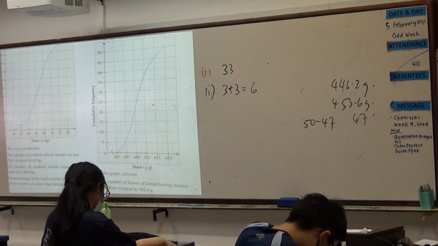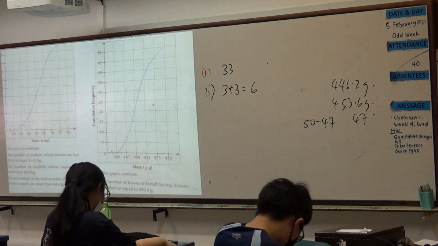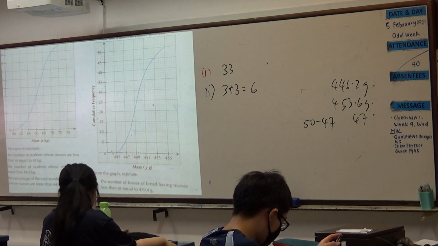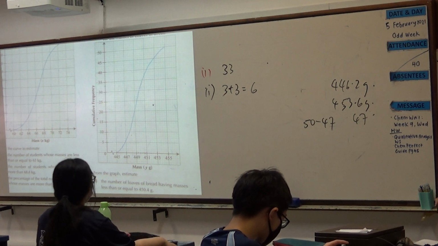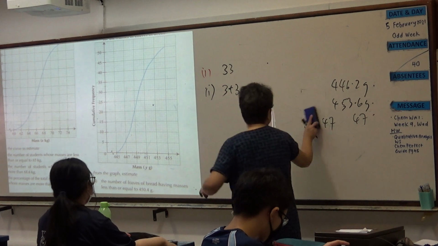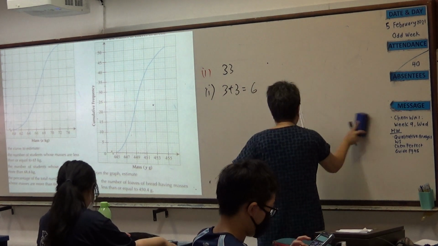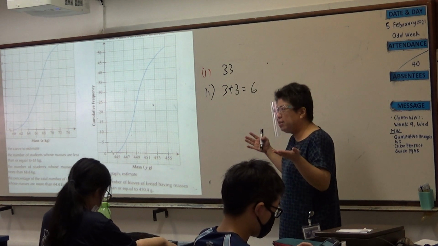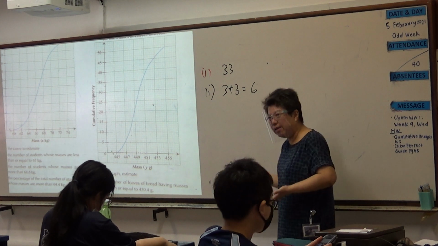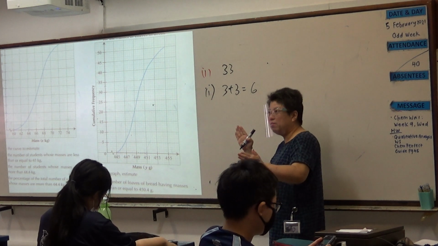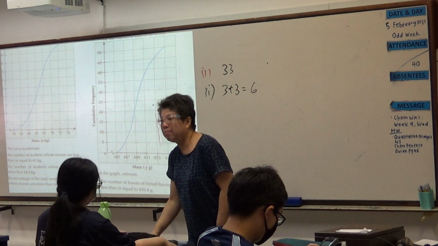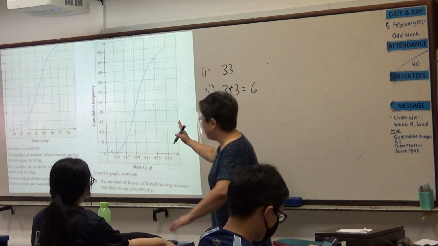The value of x, if 3/10 of the loaves of bread have masses more than x gram. All of you, listen up. 3/10 of the loaves have mass more than this one, right? That means 7/10 must be less than, right? Correct. Because this graph is always less than.